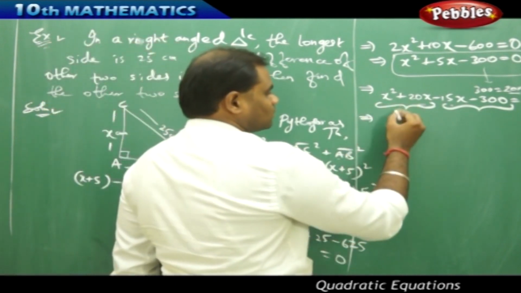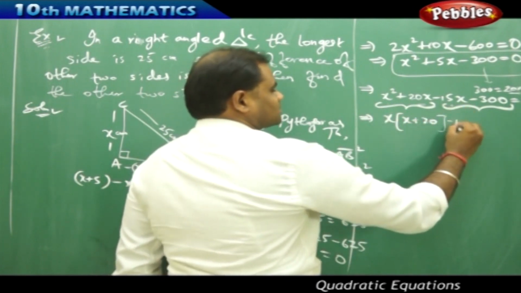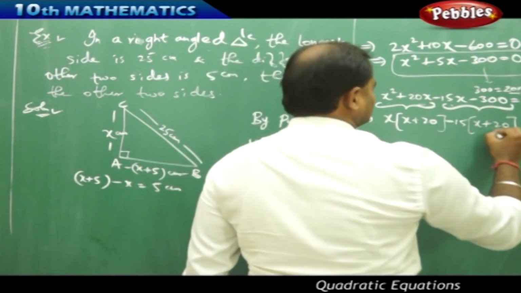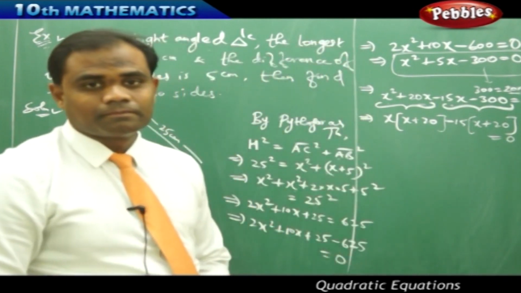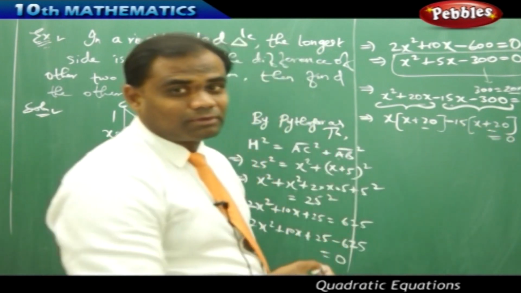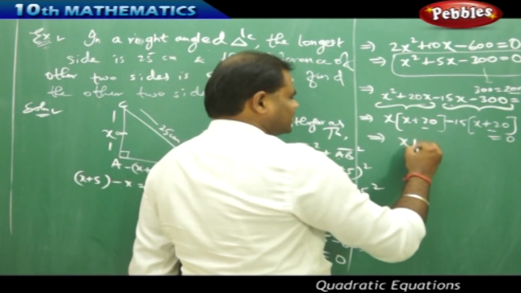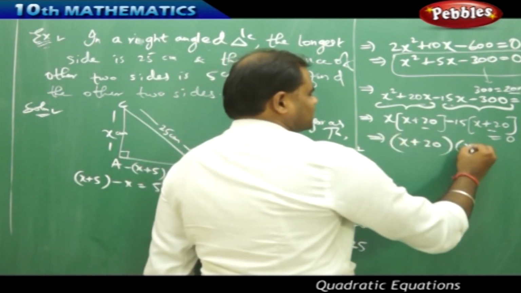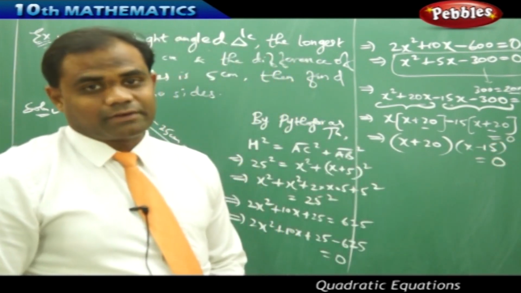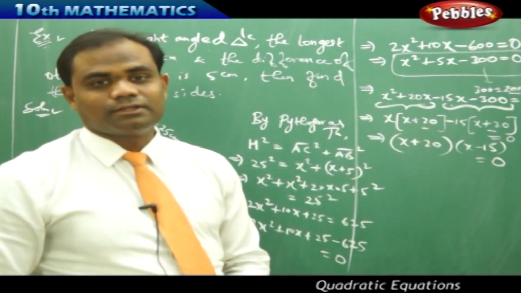Here it is x common with x plus 20, and here it is negative 15 with x plus 20. So finally I take x plus 20 common, which is the common factor in the first term and the second term. Therefore I get (x plus 20) times (x minus 15) equals 0, is how I get the factorization done.